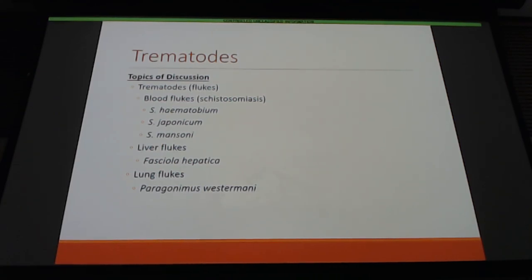That will help you determine how to find them. Liver flukes, hepatica, so you know where that guy hangs out: the liver. And Paragonimus westermani, the lung fluke, hangs out in the lung.